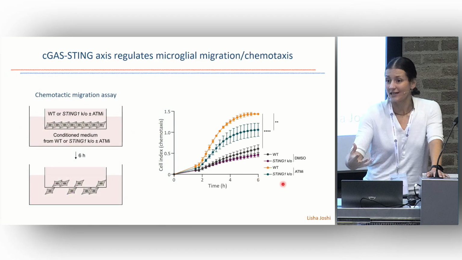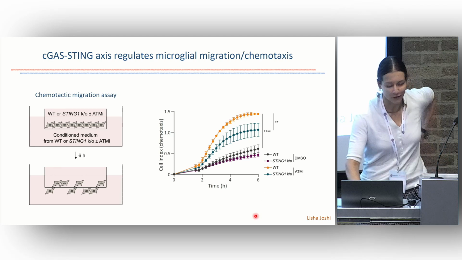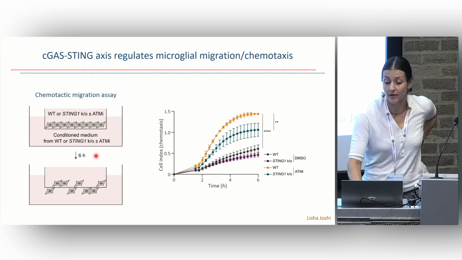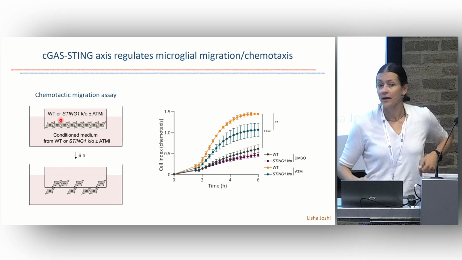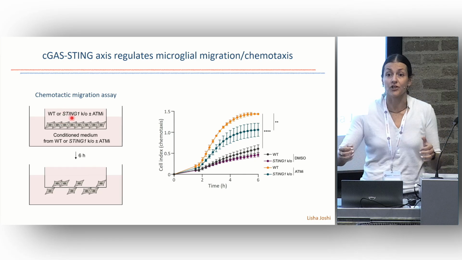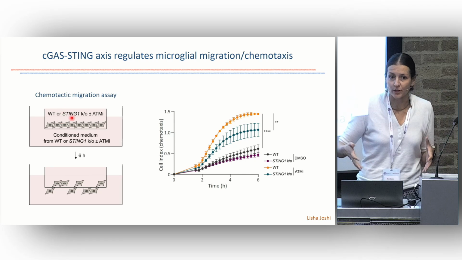Now, does it translate into actual migration changes? It does. So here we're looking at a chemotaxis migration assay. We're taking either wild type or STING knockout microglia in the presence or absence of ATM inhibitor and allowing them to migrate towards their respective conditioned medium.